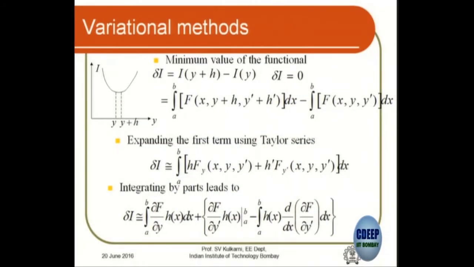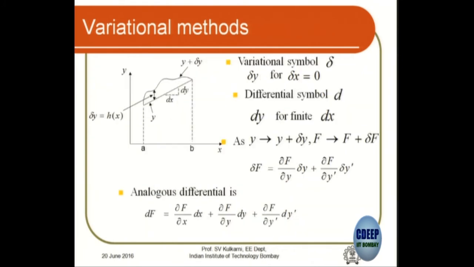Do you agree? So here, since I is a function of only y, you will have this kind of variation. And what is this y and y plus h? That means each of these y is a set of y, is it not? When it is showing minimum there, that will correspond to one of such curves.